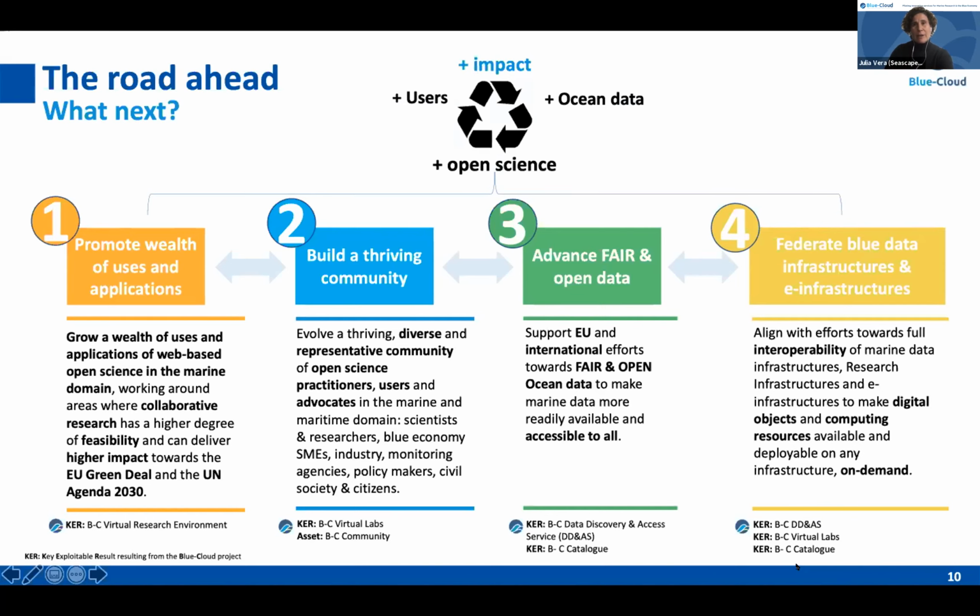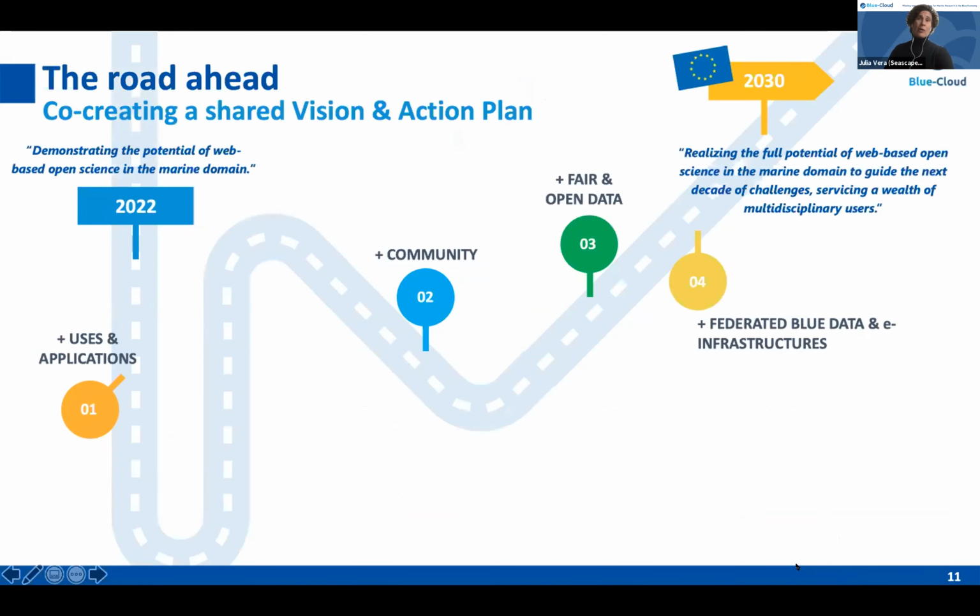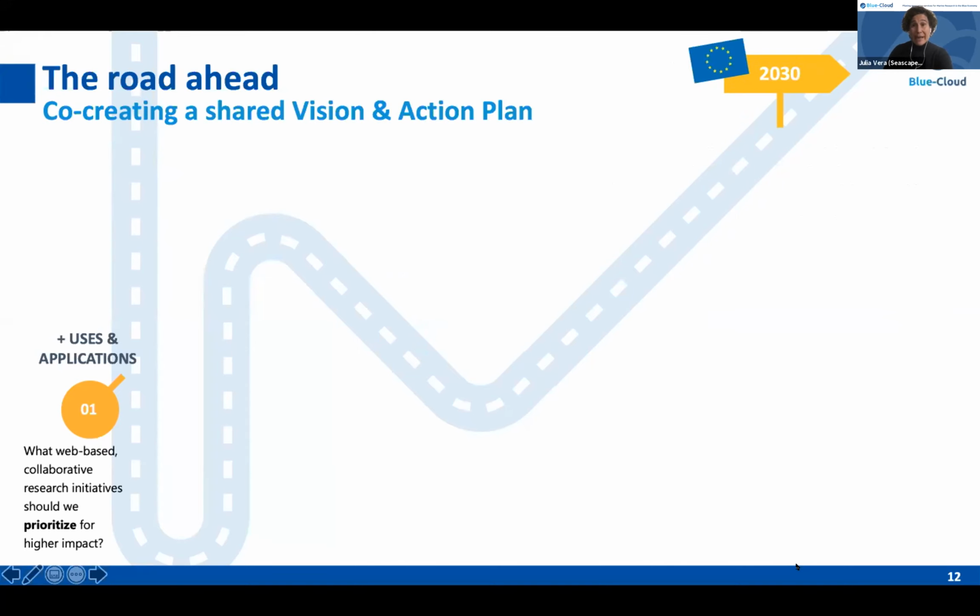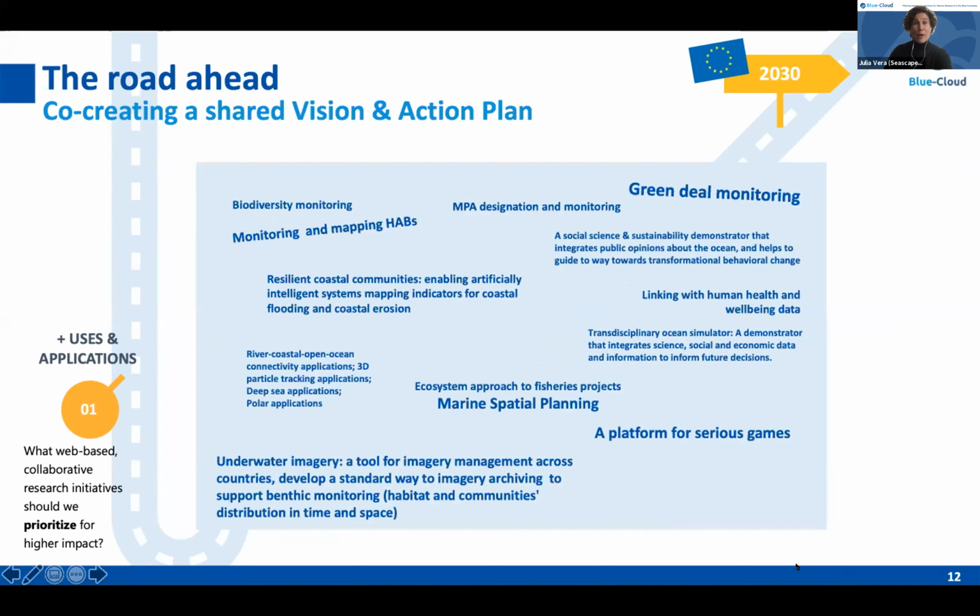But even with this clear picture in mind, we still have a lot of questions that we need to respond to before we can come forward, say, with a sound travel plan. So questions like, what uses and applications of open science in the marine domain should we prioritize? Late last year, we asked the Blue Cloud community for ideas on use cases or demonstrators that could be developed in the future.